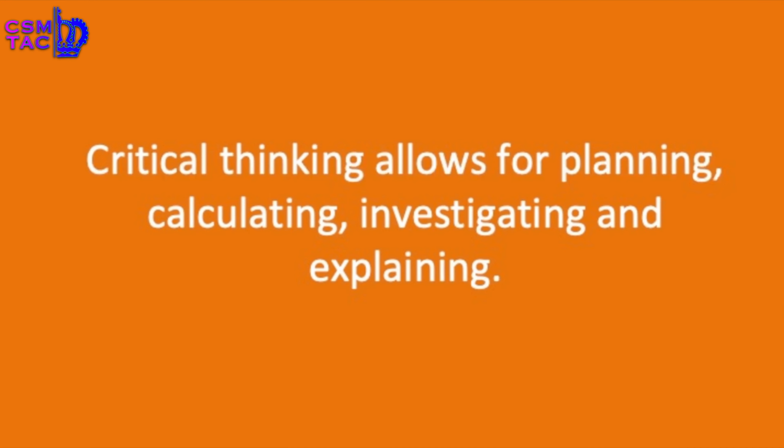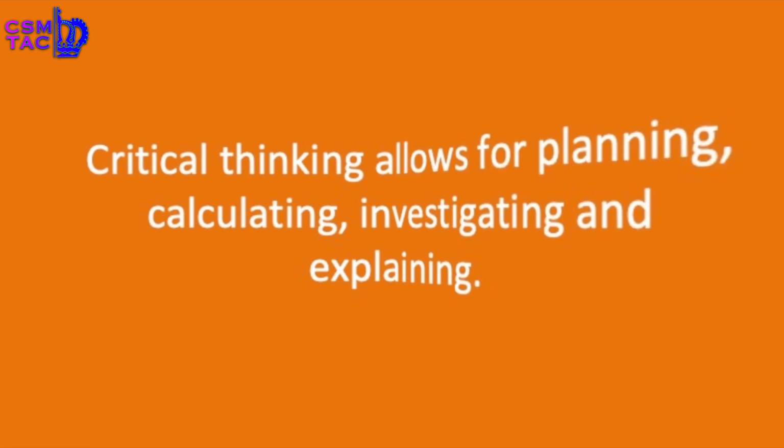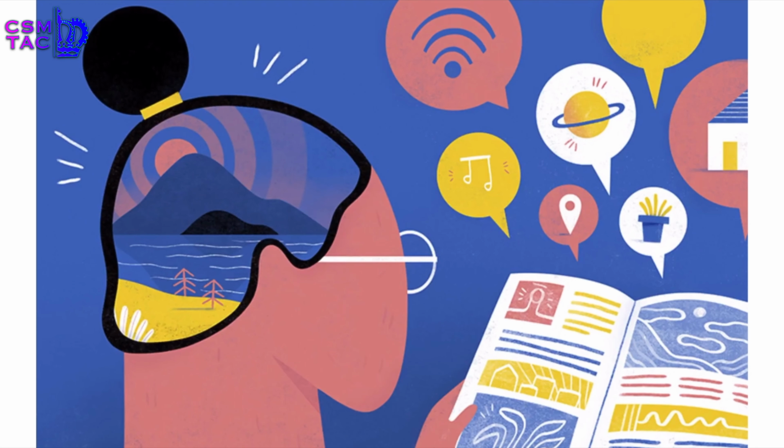Critical thinking involves judging a situation based on studied reasoning, where the person intentionally and consciously focuses on a subject. The quality of critical thinking is based on how sound the eventual judgment of a situation is. Critical thinking allows for planning, calculating, investigating, and explaining. You use it for situations that require a larger degree of concentration and deliberation.